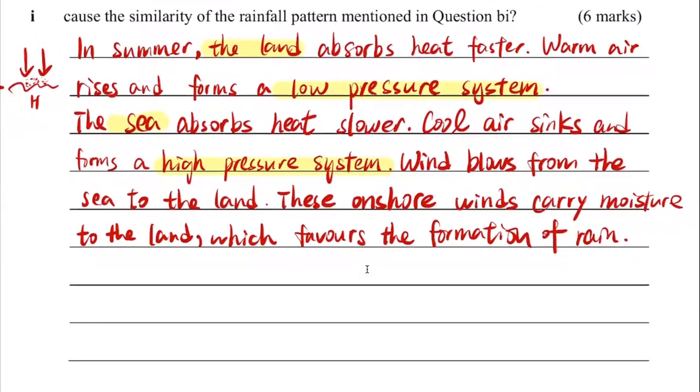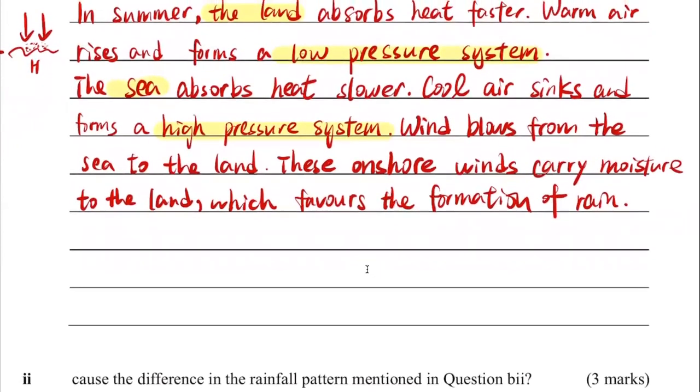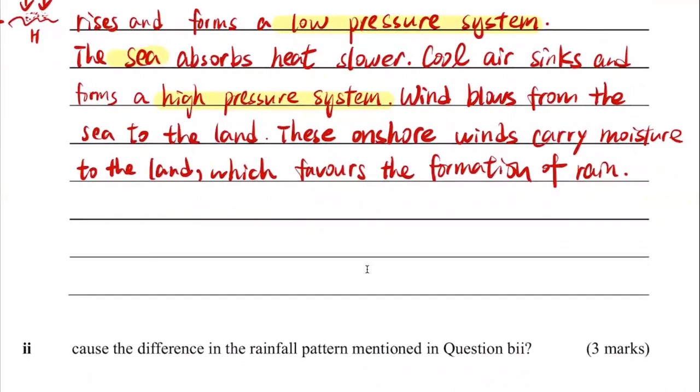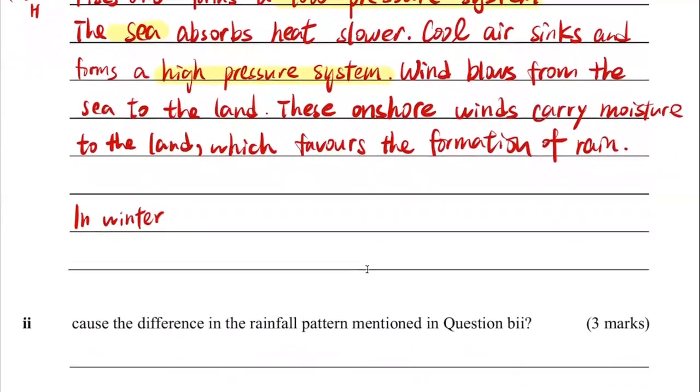After we write down the case in summer, we should also tell people how the wind in winter works. We should also write down that in winter, there may not be enough space for me to write down the case in winter.